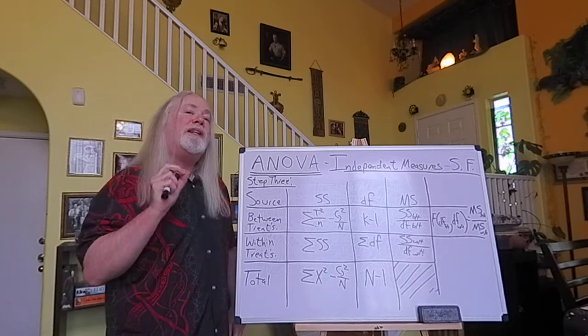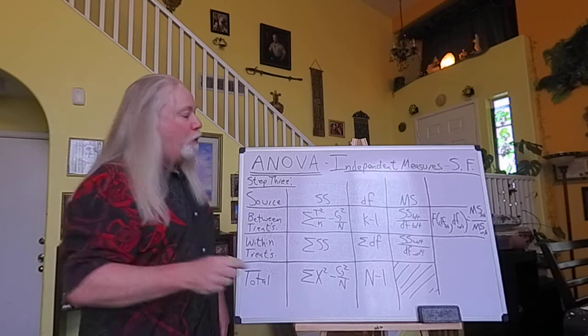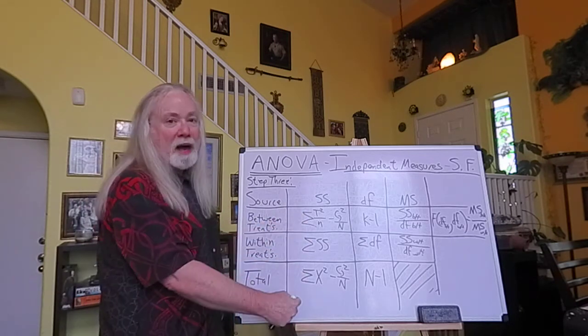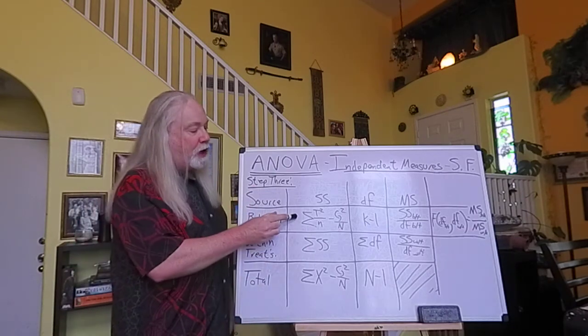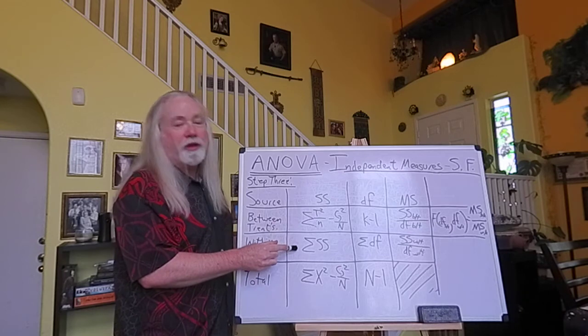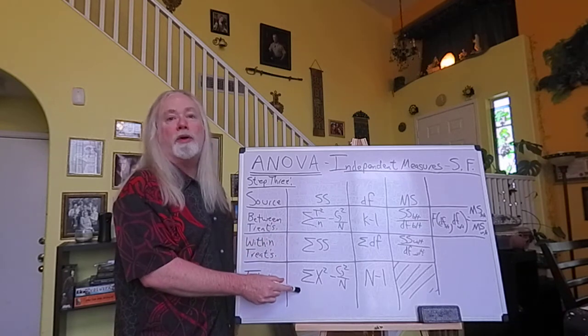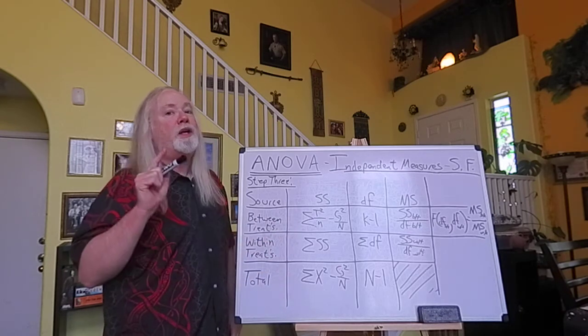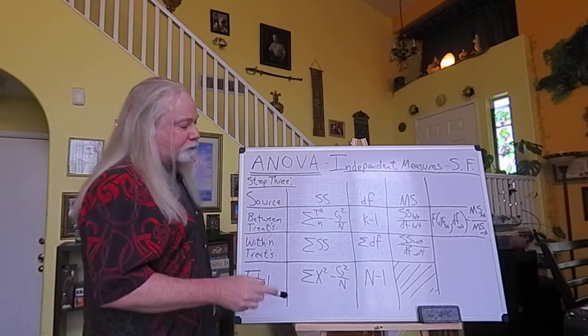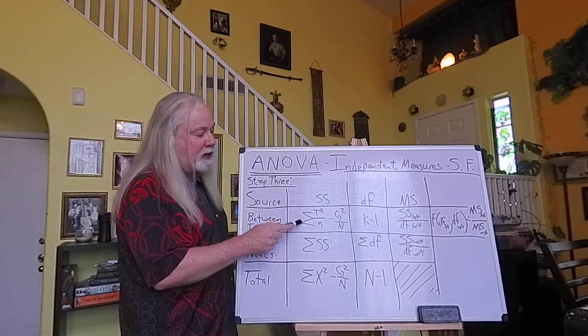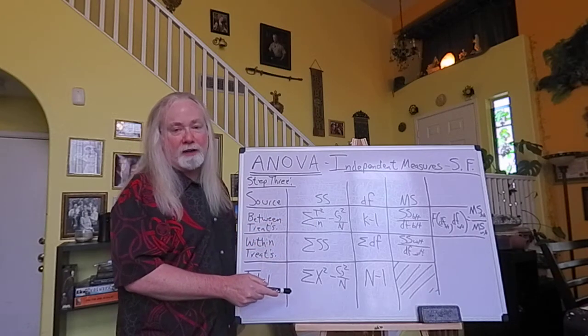So there's a nice way to check your math here. After you've calculated all 3 of these boxes, stop and do a reality check. The result from this box plus the result in this box should equal this box. If they do not, you have at least one calculation mistake somewhere. So check that and make sure that this box plus this box equals what's in this box.